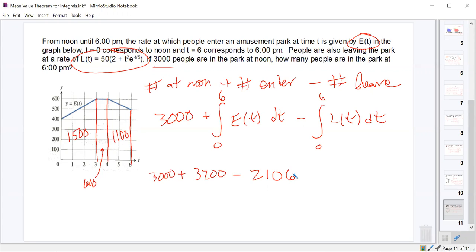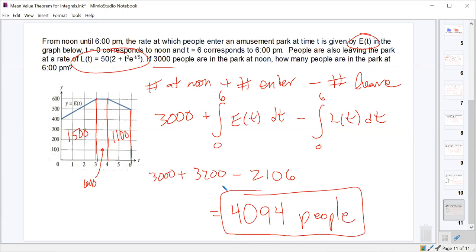Somebody was in the process of leaving, but hadn't got half of their body out the door yet. So 2,106 people had left. All we have to do is put those together, and what do we get as our final answer? 4,094 people.